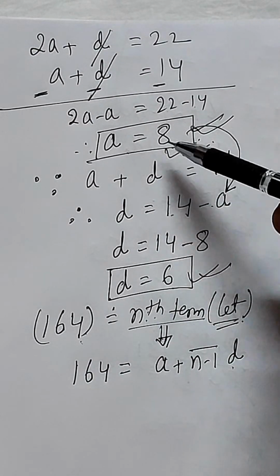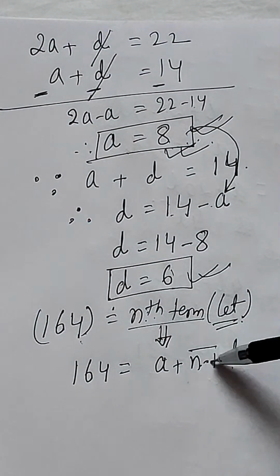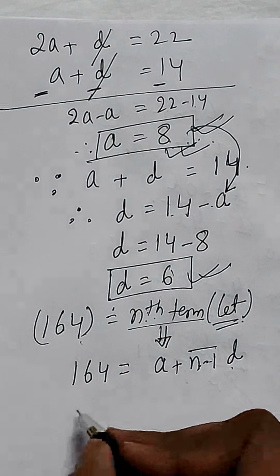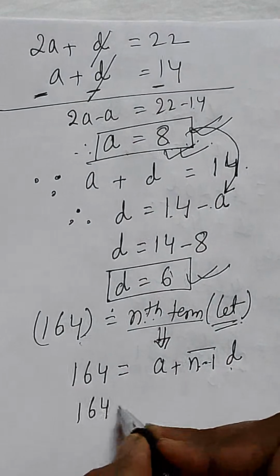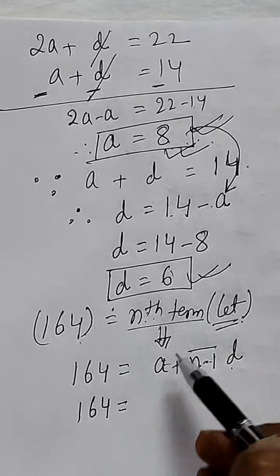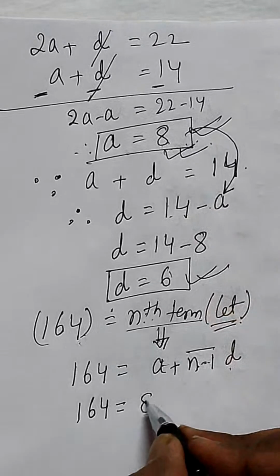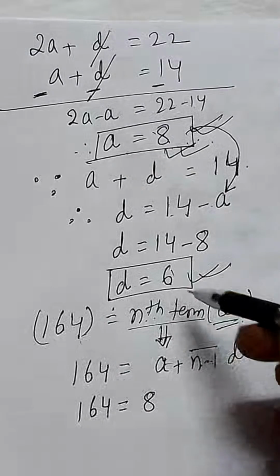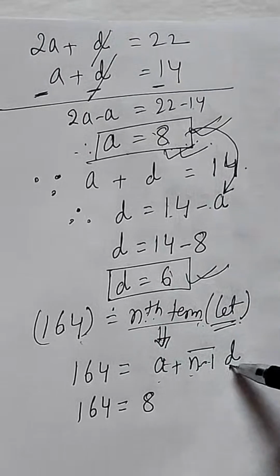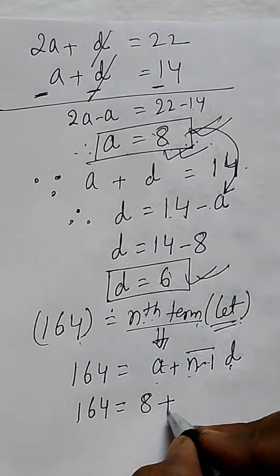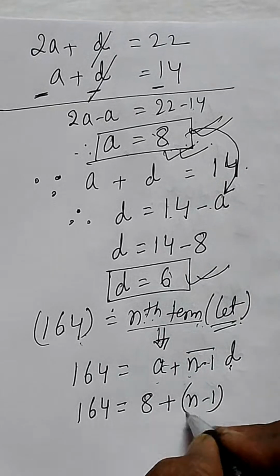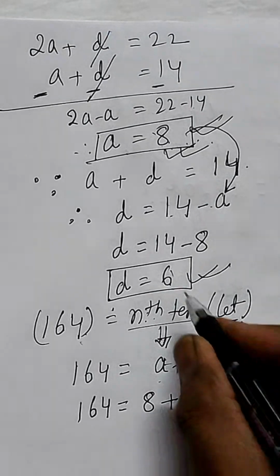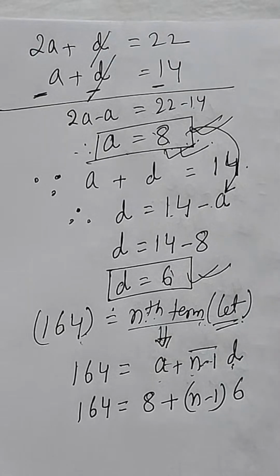So just put this value of a and d into this, right? This will give you 164 equal to a, that means 8, plus n minus 1 into d. What is the d? d is 6, right?